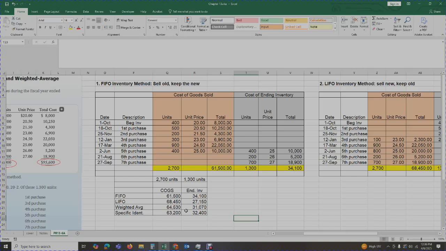The weighted average gives you an average of all of the methods. It's basically an average of all of the cost divided by the total number of units that you purchase. It does not take the time factor into consideration because we're getting an average. For the specific identification, those are items that we specifically identified via a serial number.